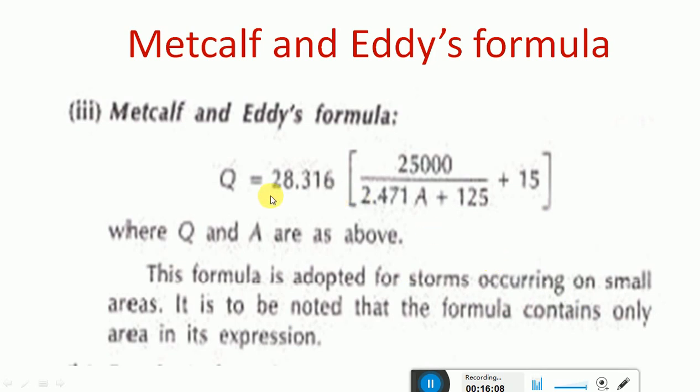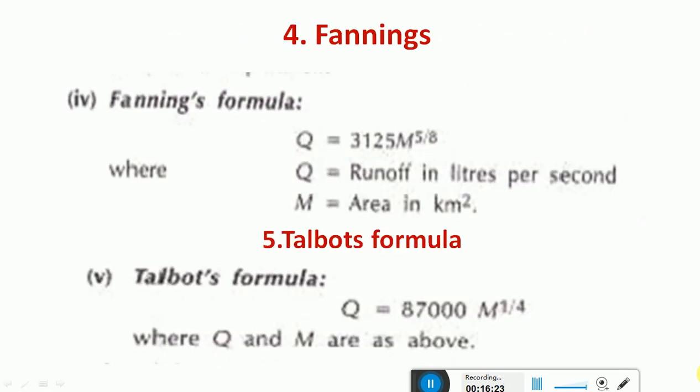It is given by Q is equal to 28.316 times 25,000 over (2.471 A plus 125) plus 15. This can be used to find the quantity of storm water.